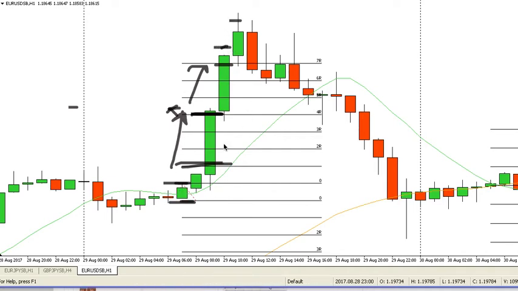Now you don't have to do this. You can just go for a fixed 4-to-1 risk to reward and be done with that. But I think if you could master some of these techniques of holding on even longer, then you can take your profits to the next level.